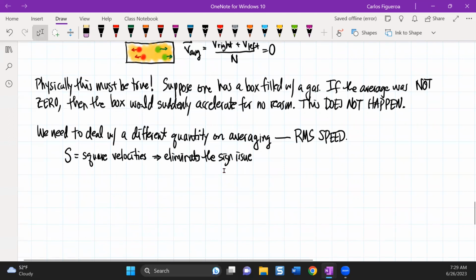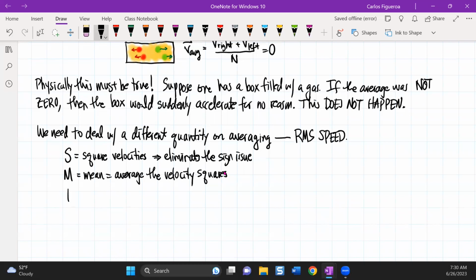And then what we do here is that we then take the mean. And the mean, of course, means you now average the velocity squares. And then finally, to get the proper units, you take the square root.